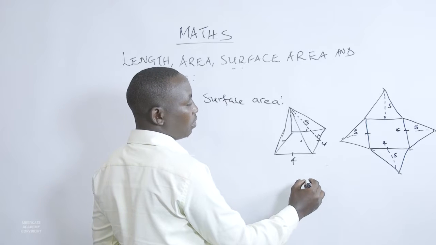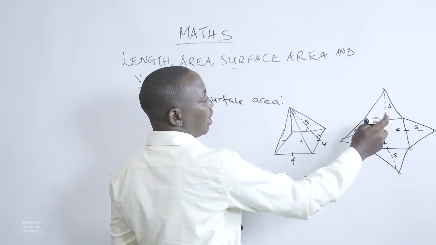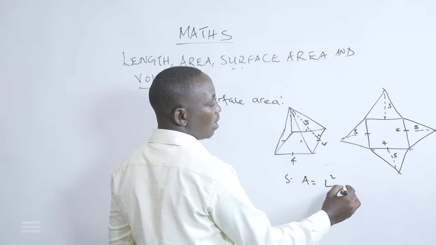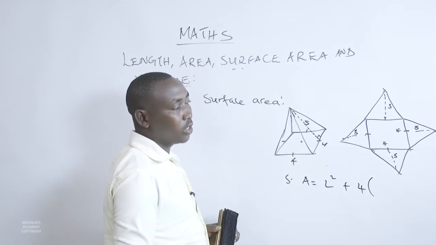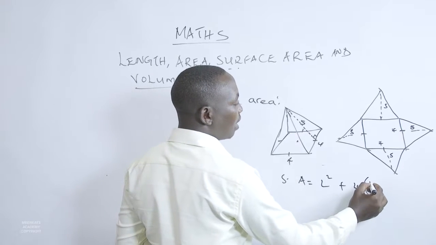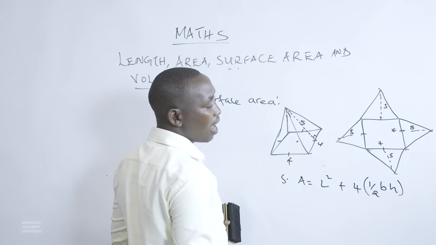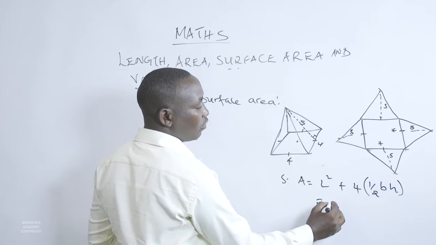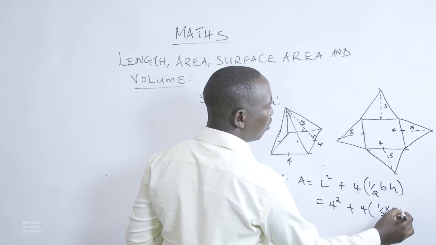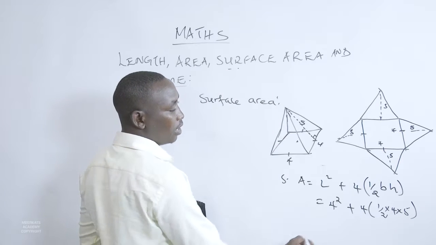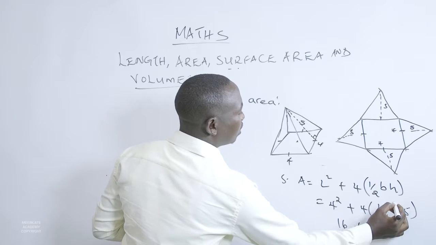So the total surface area shall be given by length squared plus, the triangles are 4, and each triangle can be obtained by taking a half multiplied by the base multiplied by the height. Our length is 4 units, so that is 4 squared plus 4 into a half multiplied by 4 multiplied by 5.